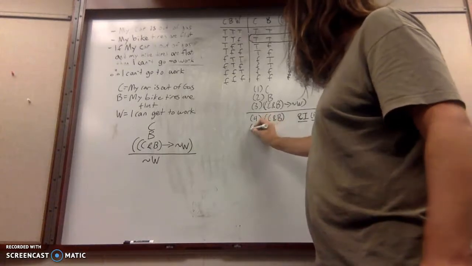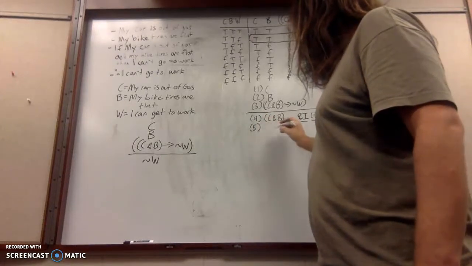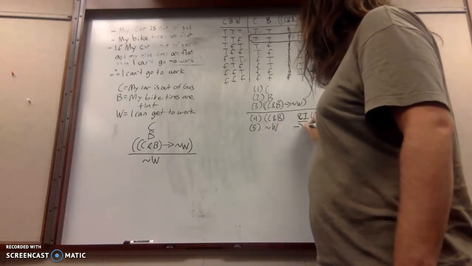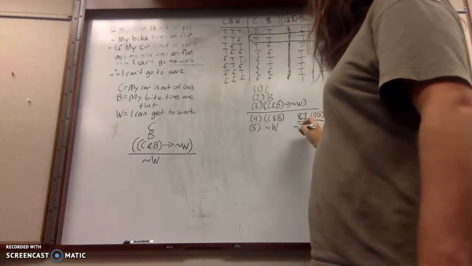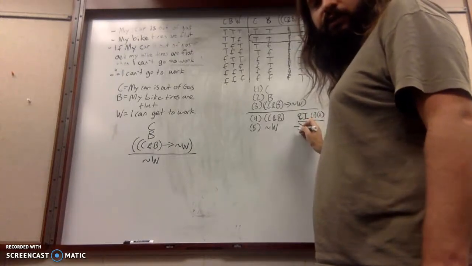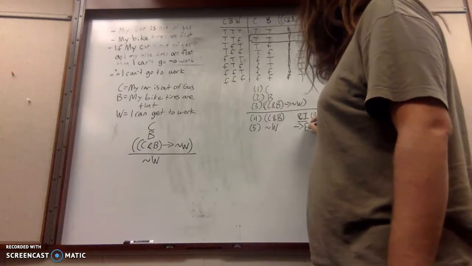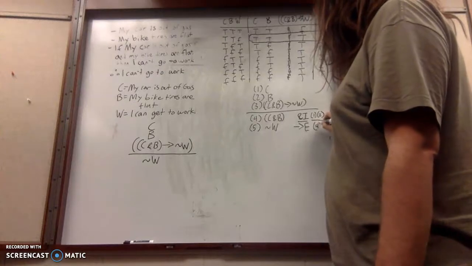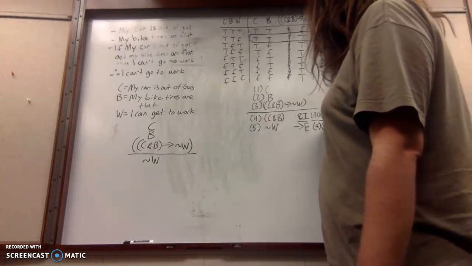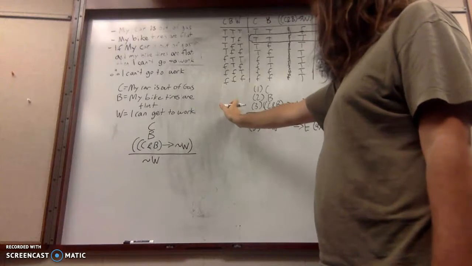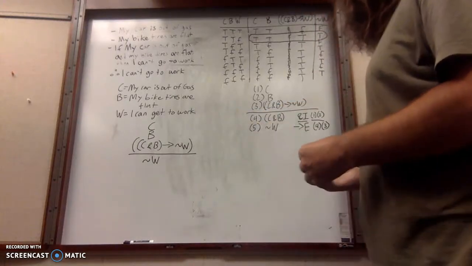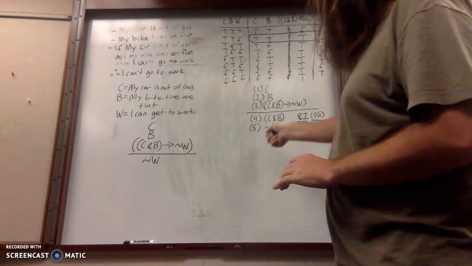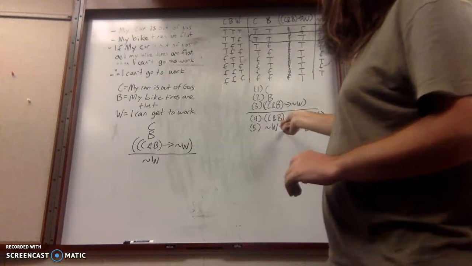So I can add a fifth line that says not W, and I'm using what we call conditional elimination. I use E for elimination, and I'm using lines 4 and 3. 3 is the conditional, and 4 is the antecedent that I'm using to eliminate the conditional, and the conclusion is the consequent.